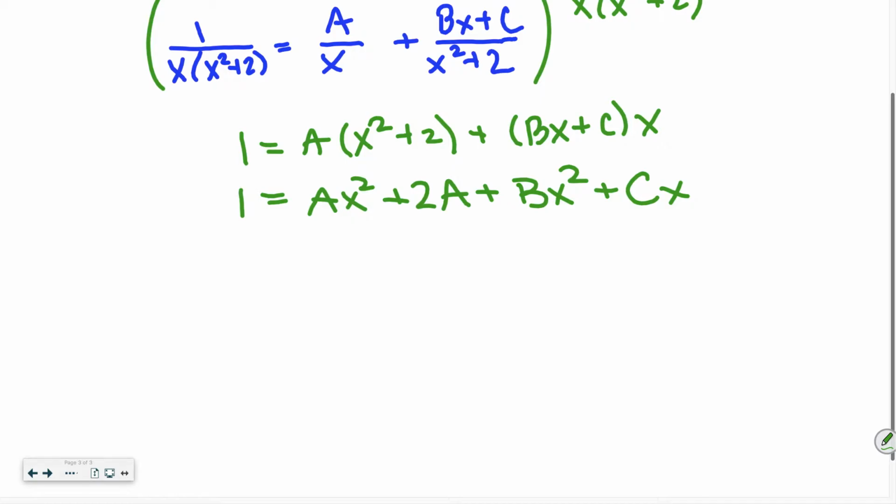So if I add Ax squared plus Bx squared together, you should get 0. Do you see an x squared over here? No. So those A and B need to cancel out. A plus B better equal 0. Why? Because there's no x squared term over here.